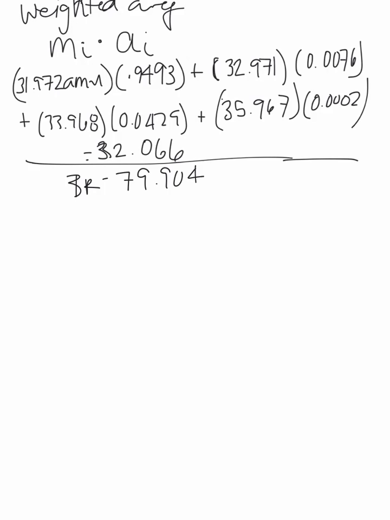And we know that the two isotopes of bromine differ by 2 neutrons, and the relative abundance of each is about 50%.